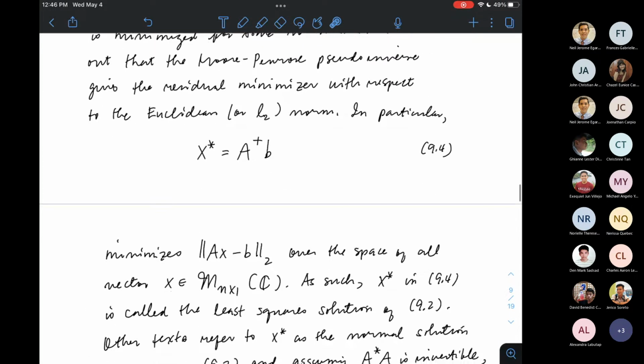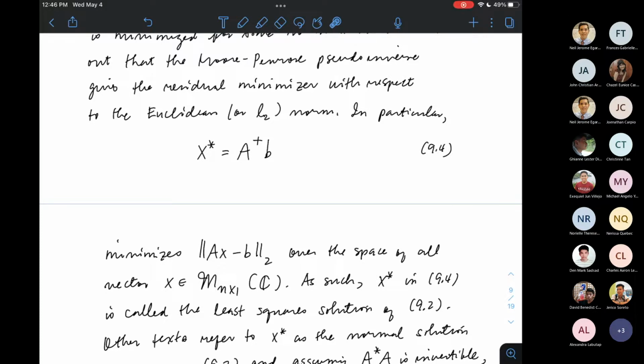So in particular here, I say that the solution to the inconsistent system AX equals B, insofar as minimizing the L2 norm of the residual is concerned, is given in 9.4. Okay, so ang best solution with respect to the L2 norm of the residual ay si A pseudo inverse times B. So parang napalitan lang yung A inverse by the pseudo inverse kasi nga hindi nag-exist yung inverse.